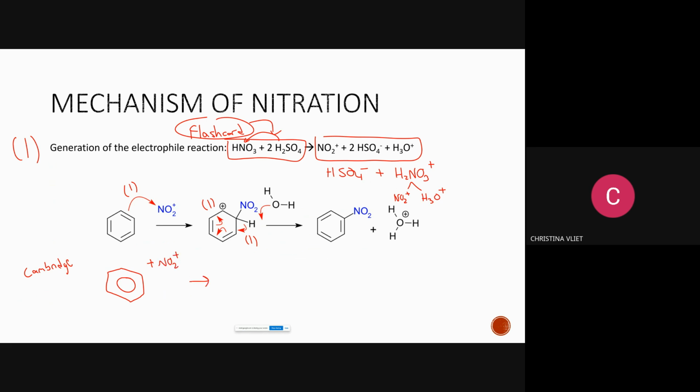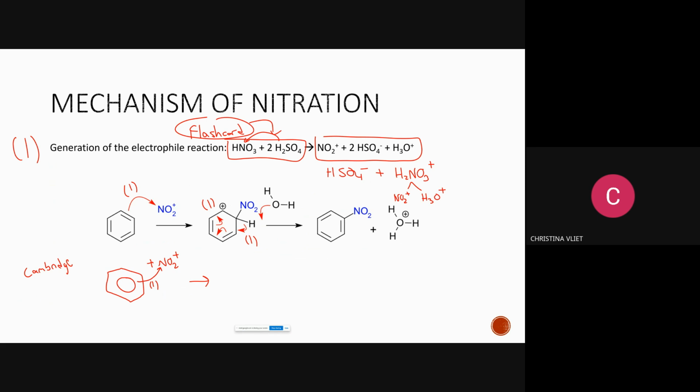What grabs the nitrogen? It's going to be the same overall style of mechanism. What grabs the nitrogen in step 1? A pair of electrons, which is coming from the benzene ring. So you start by grabbing the nitrogen like that. That's worth a mark, if you can remember that.